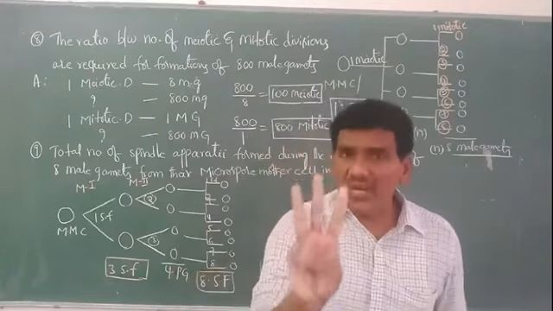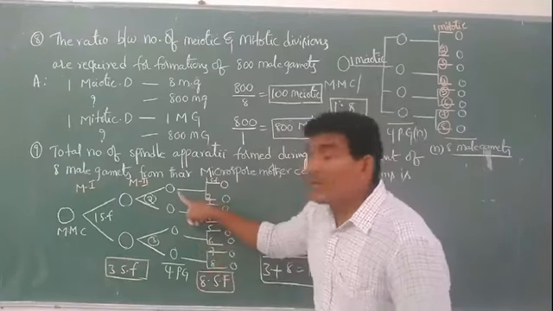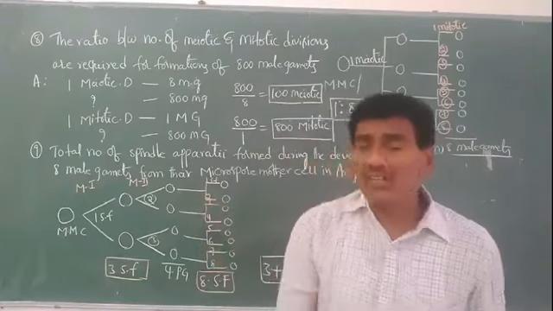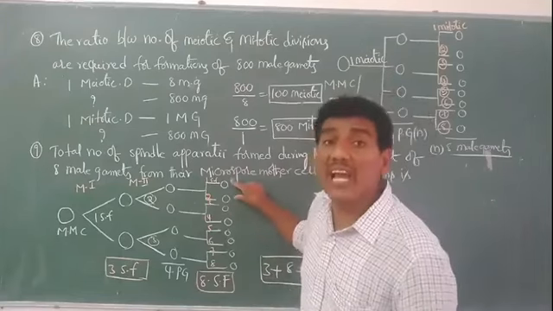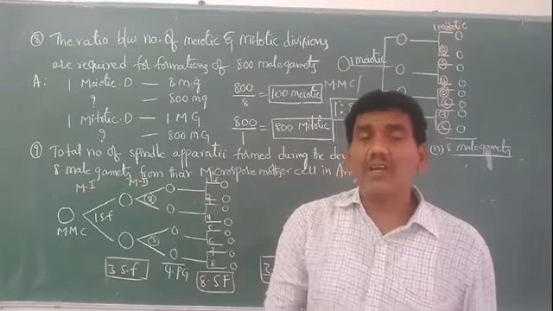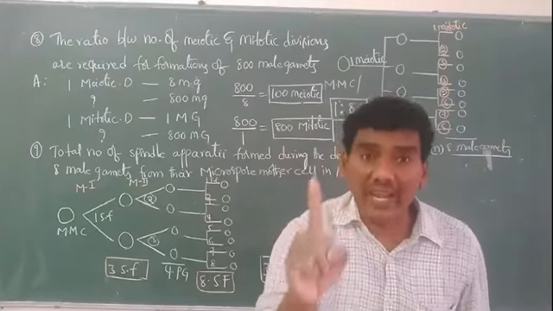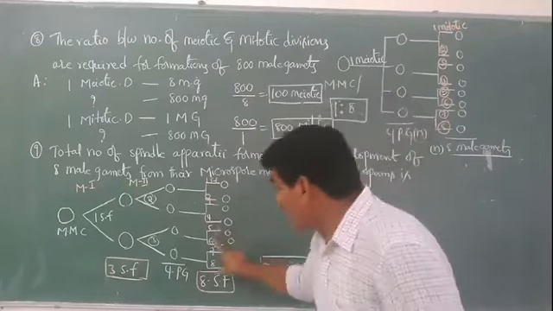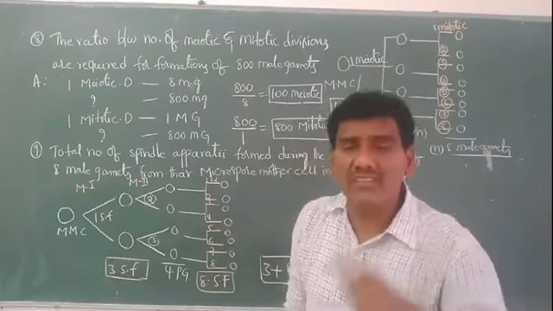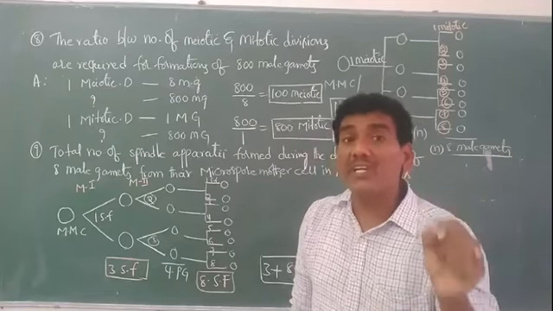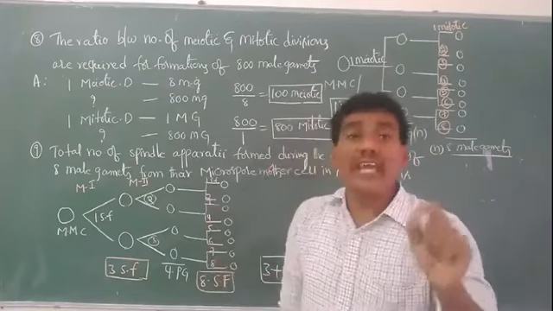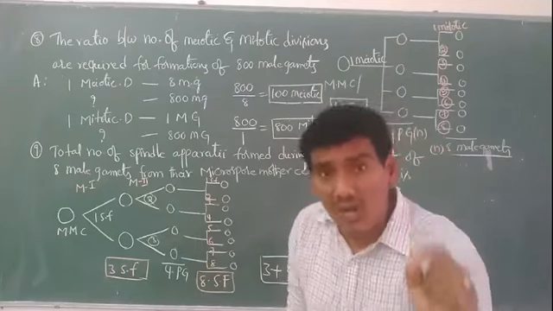Each pollen grain undergoes a mitotic division to form male gametes. For the formation of 1 male gamete, 1 spindle fiber is required. Totally 8 mitotic divisions, so 8 spindle fibers are involved.